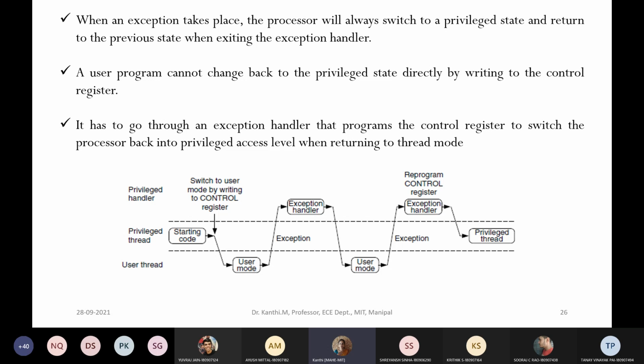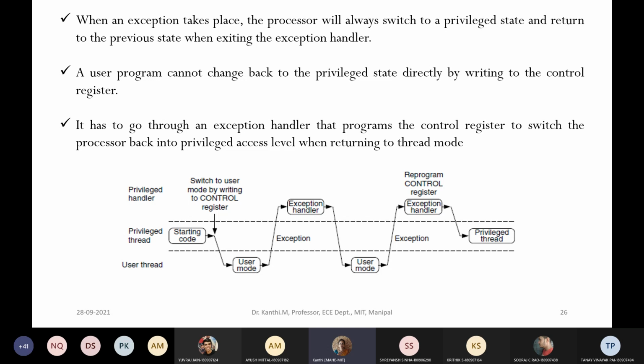Your user program cannot change back to the privileged state directly by writing to the control register. That I have already shown in the beginning. It has to be done through the exception handler. So that is what is shown here.